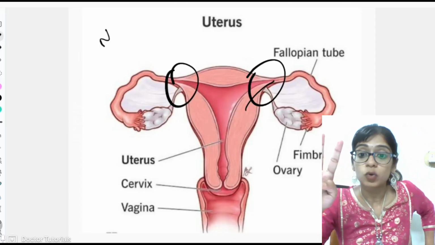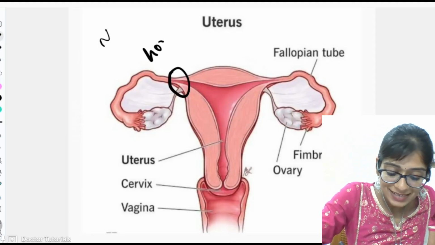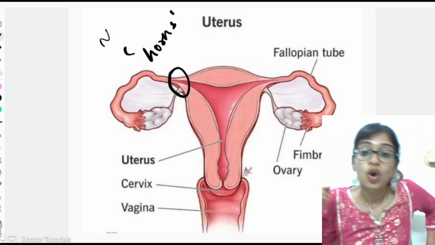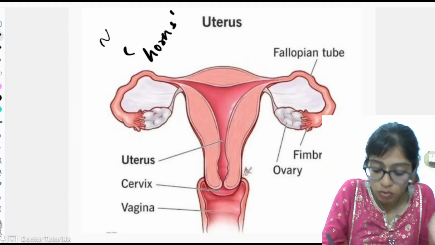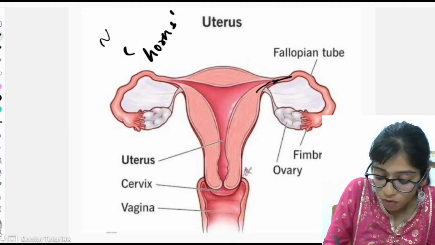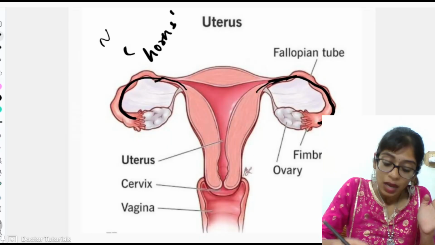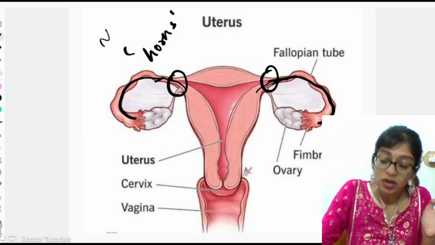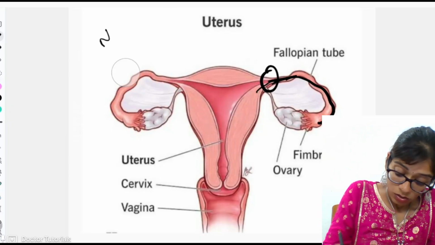These sides are called horns. So, the lateral part of the uterus where it forms the fallopian tube. This is the fallopian tube, right? So this part is what I call the horn. Okay, so this much is clear.